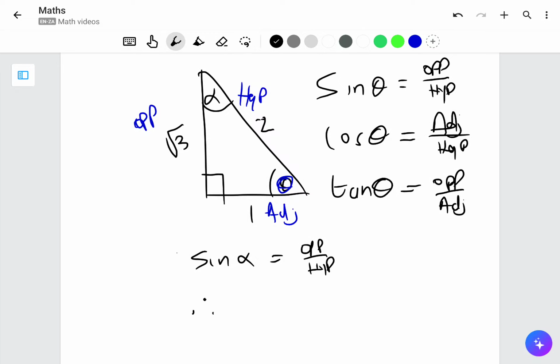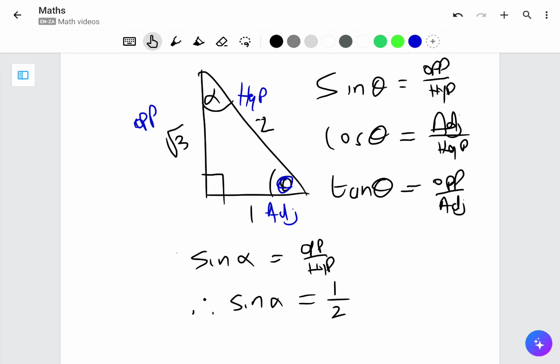Which number is now opposite angle alpha? You guessed it right, that is the number 1. So sine alpha would be opposite, which is 1, over the hypotenuse, which is 2. So the sine of alpha equals a half.